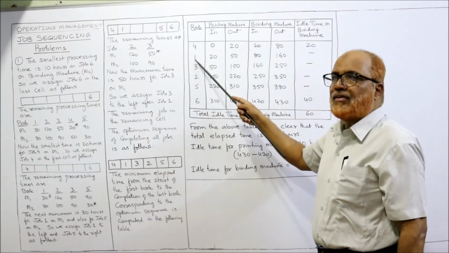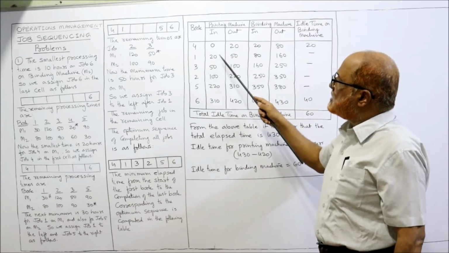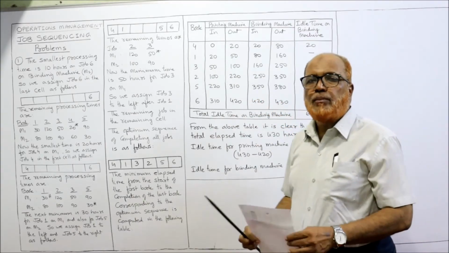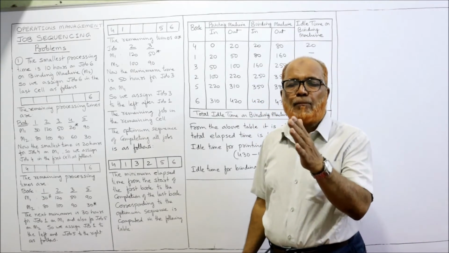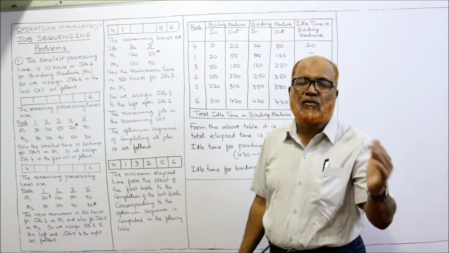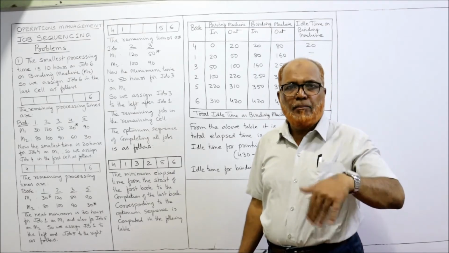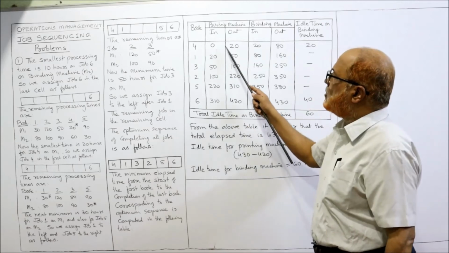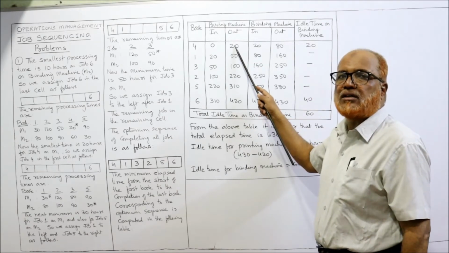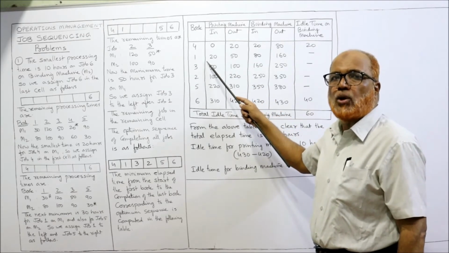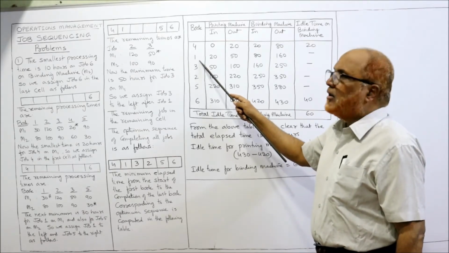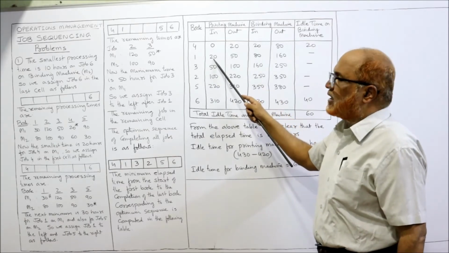What is the new book? First book. So from 20 it is going to start. There should not be any time lapse between completion of one book and the starting of the next book. Immediately after finishing from 0 to 20, it will start the next job. Next job is 1.